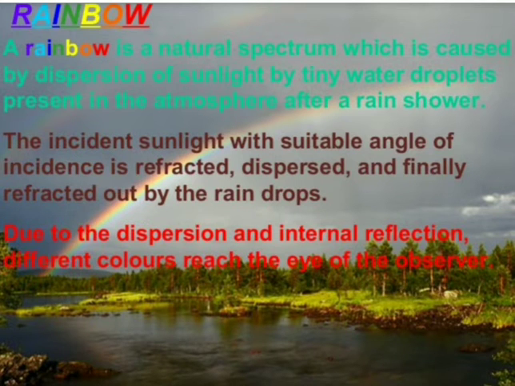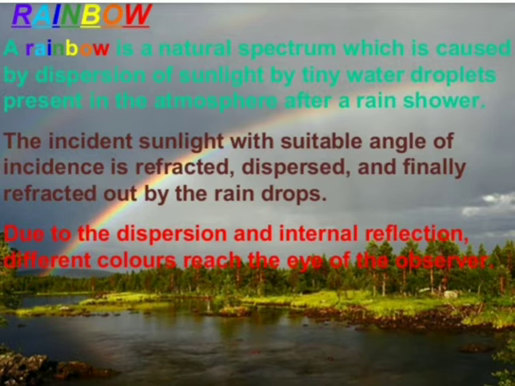How is it refracted? As you know, these water droplets are another medium, and when light goes from rarer to denser, from air to water, refraction takes place when it enters, and inside, dispersion also takes place, and finally when it is refracted out from the raindrops, it shows 7 different colors.